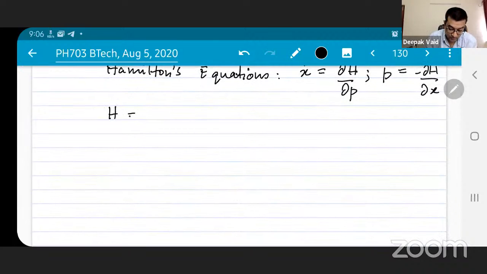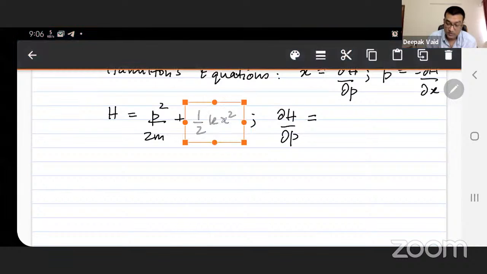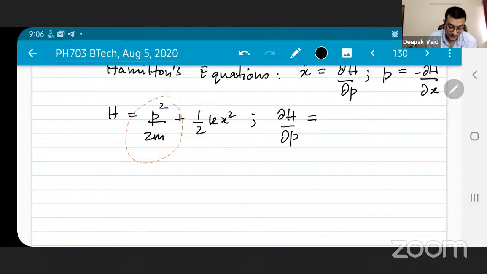Now, if your Hamiltonian is this expression, p squared by 2m plus 1/2 kx squared, then what is dH by dp? This term does not depend on p, so this will just be 0. The other term will give you p by m. And what is dH by dx?